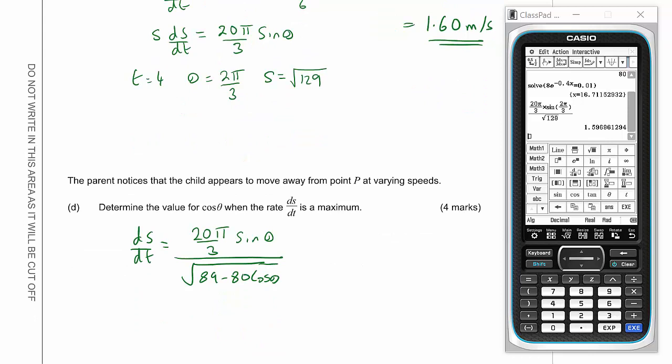So we just want to find the maximum of that. Now, how are we going to do that? Probably, I think we should just graph it. So let's give that a go.